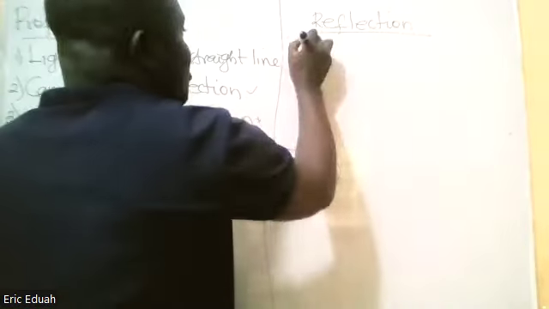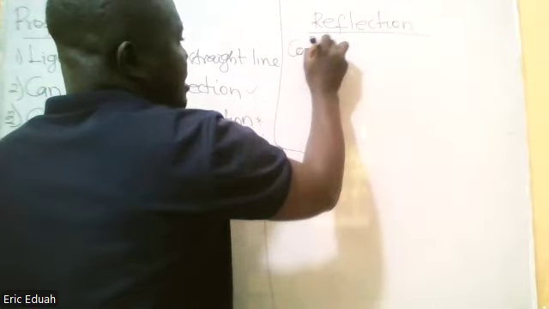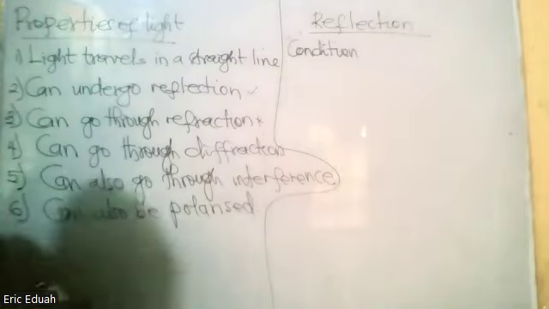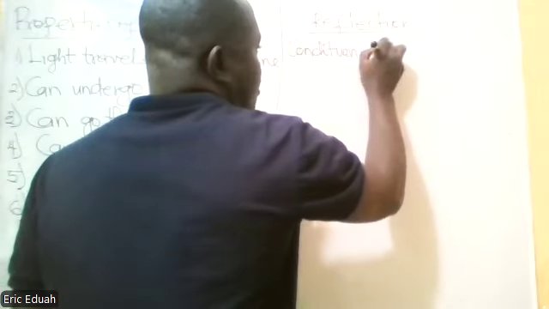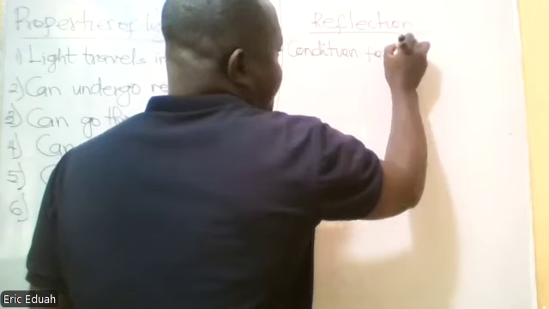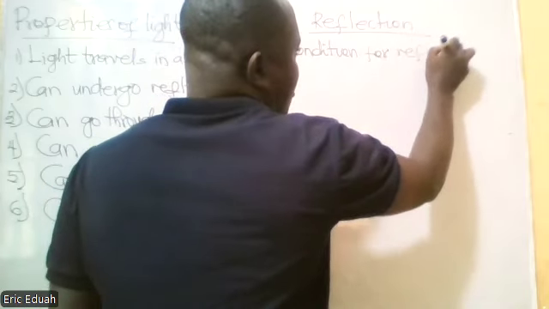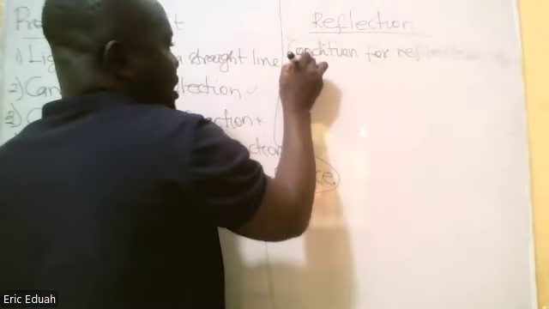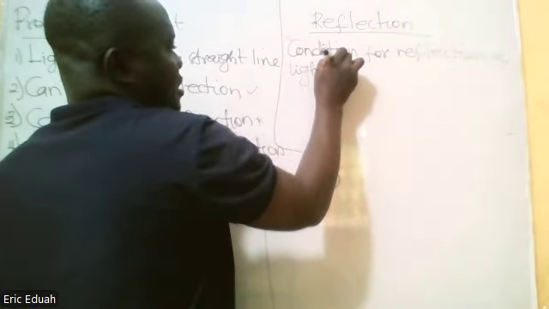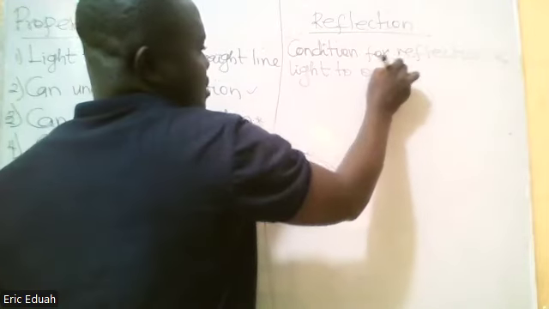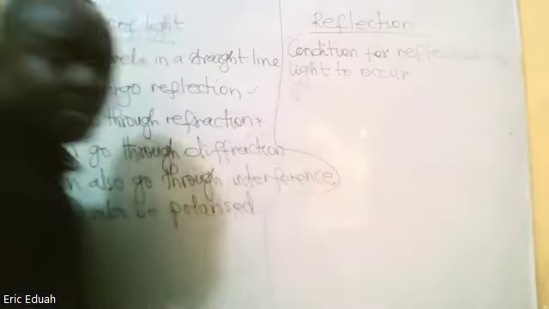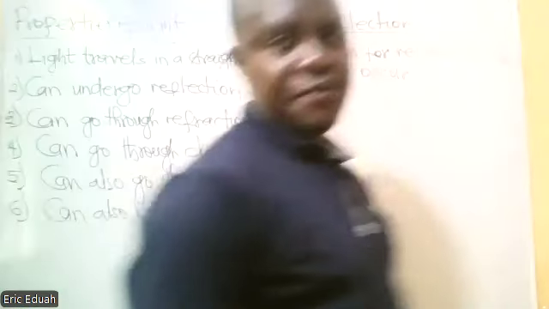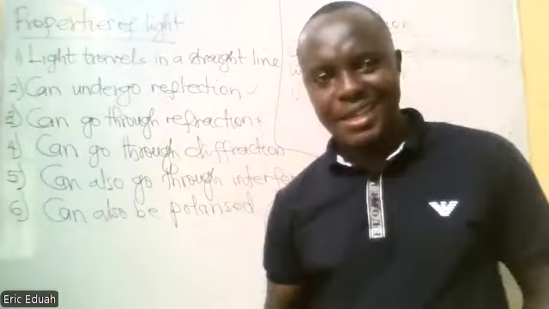So what are the conditions that must prevail for reflection to occur? Conditions for reflection of light to occur. One, conditions that must prevail for reflection of light to occur.